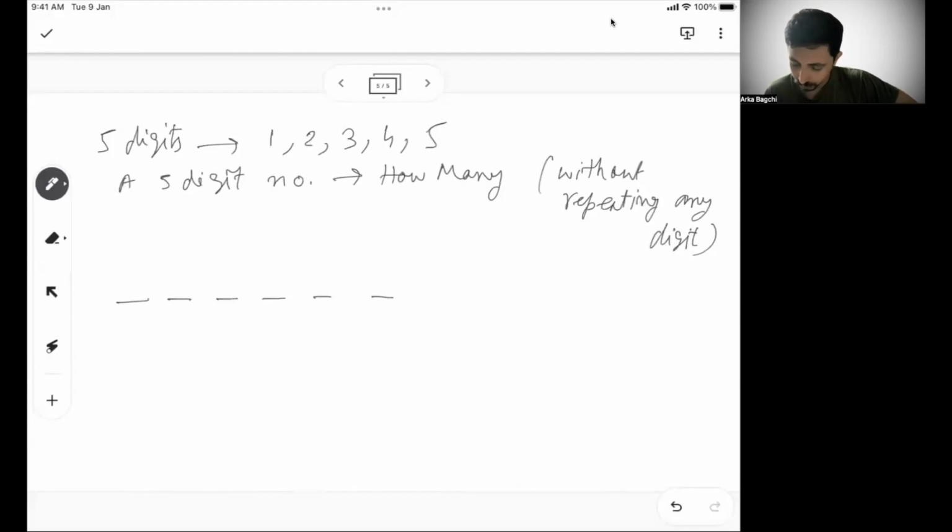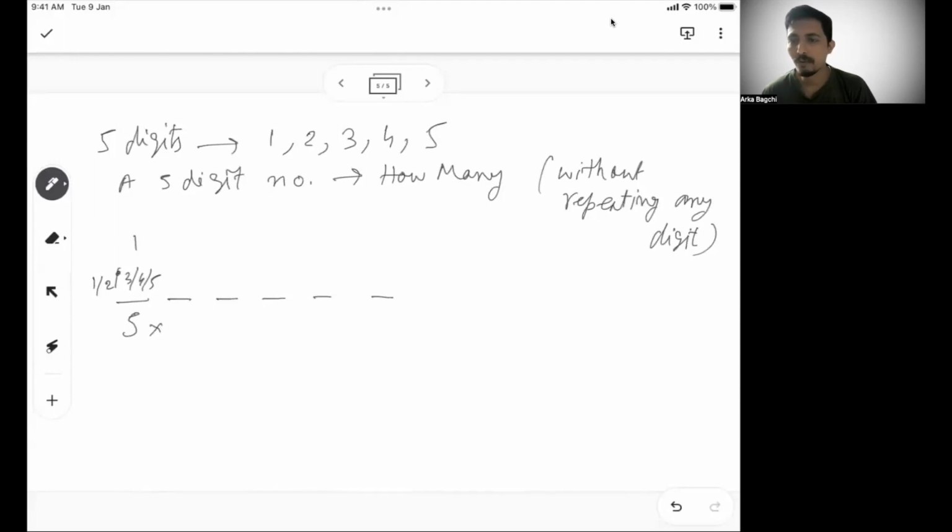I can choose the first place. This one is the first place, and it can be filled by any one of the 5 numbers, 1, 2, 3, 4, 5. So the first place can be filled in 5 ways. For each of these, you cannot repeat. So let's say you have put 1 in the first place.